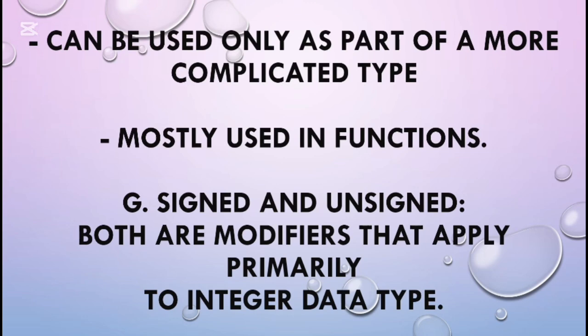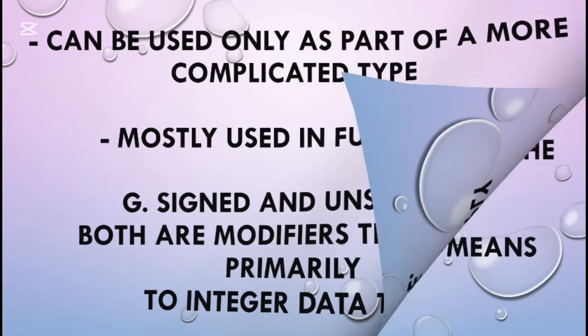Now we come to signed and unsigned. They are modifiers that apply primarily to the integer data type. With unsigned and signed, which are the modifiers, they don't apply to any other data type with the exception of the integer data type.